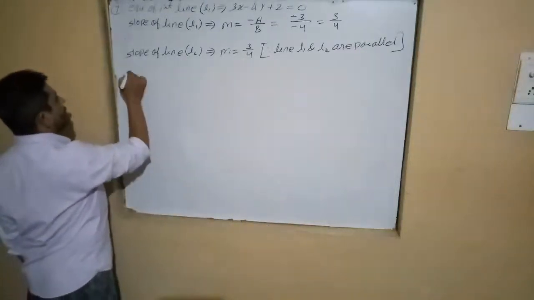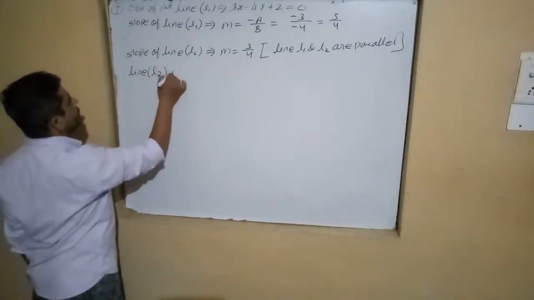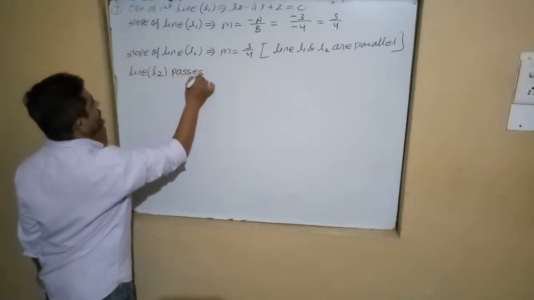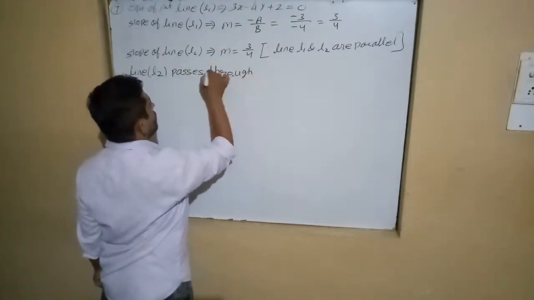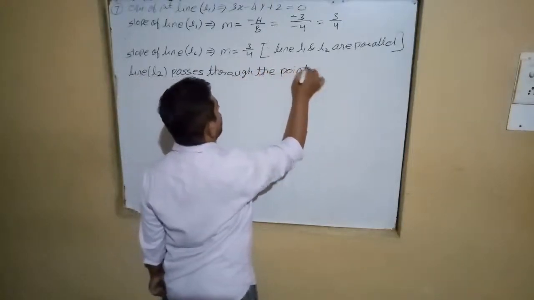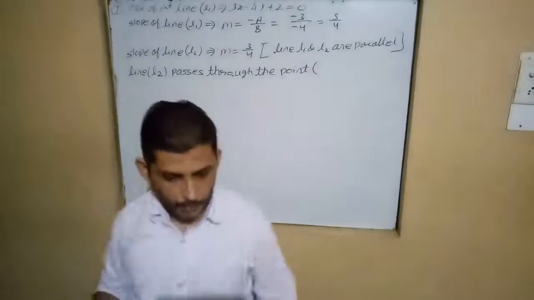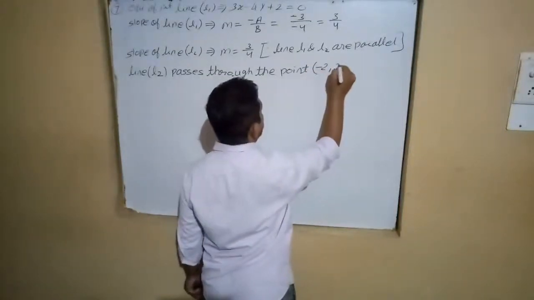So we write here: line L2 passes through the point, once again, (-2, 3).